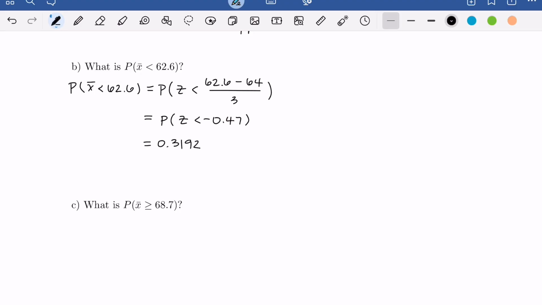Looking at table 5, this is going to be 0.3192. So this means if we take 100 simple random samples of size 36 from a population with mean 64 and standard deviation of 18, then roughly 32 of the samples will result in a mean that is less than 62.6, because this is about 32%. So 32 out of 100.